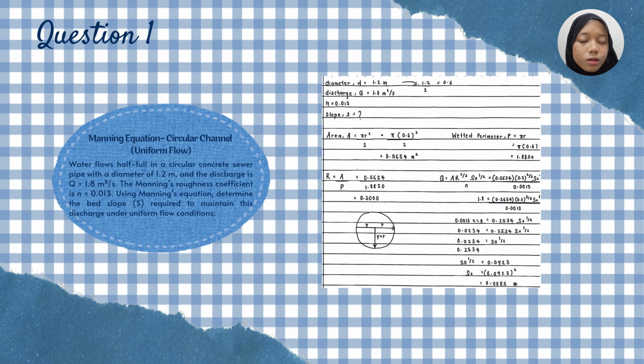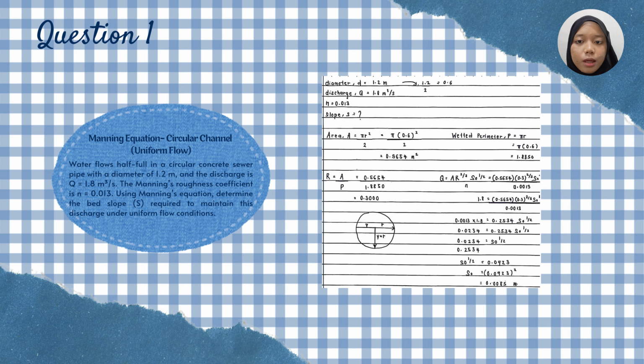Next, we are going to use the Manning's equation to find the slope. We are going to use this formula, which is Q equals A R to the power 2 over 3 and S to the power 1 over 2, over n. Substitute all known values, and we rearrange to make S the subject.